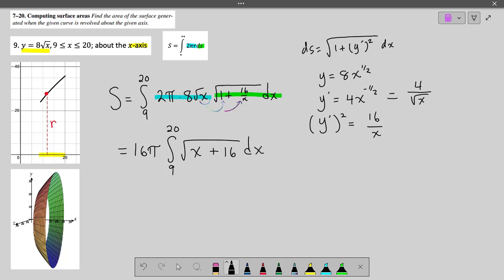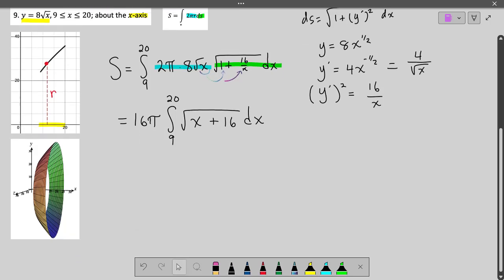So we have that. The 16 pi came from you multiplying 2 pi times 8 and then you just move it outside of the integral? Yep, so constants can always float through. Okay. So constants float through derivatives, they float through integrals, they float through a lot of things. They're very stealth.